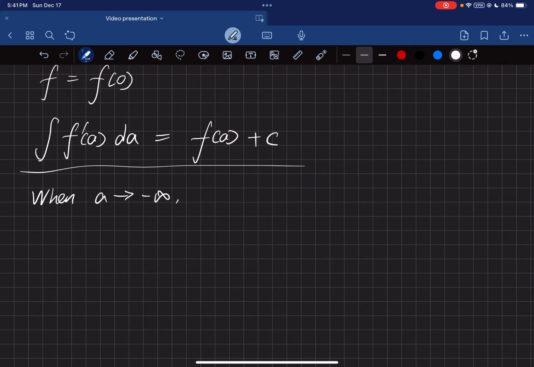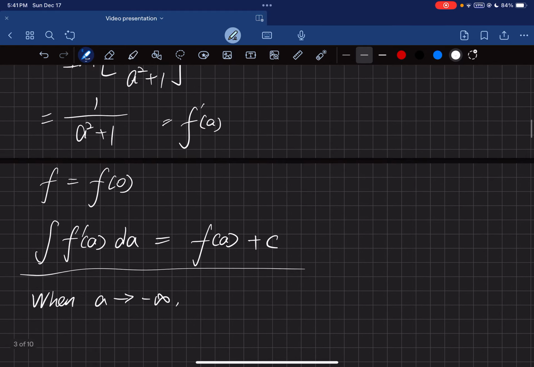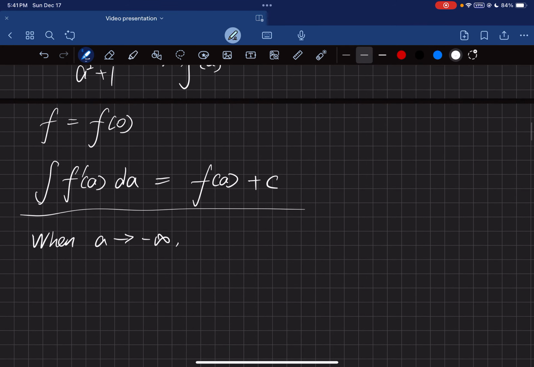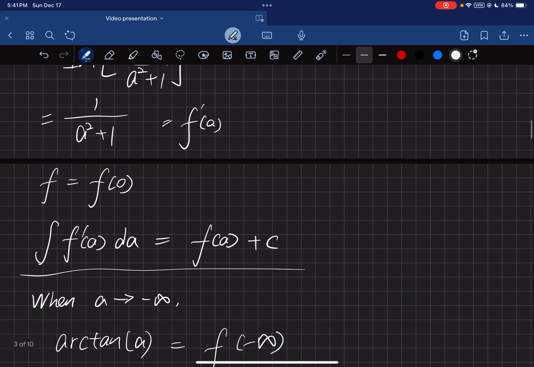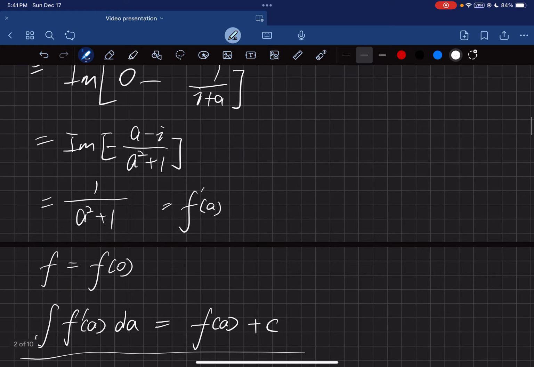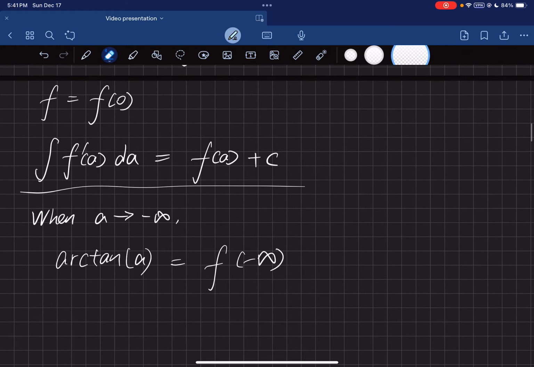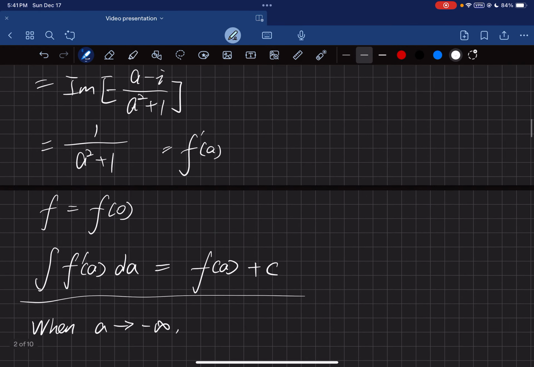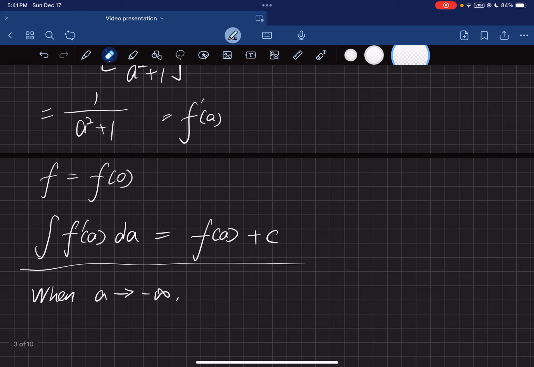We will easily find that the differentiation of this function is arctangent a equals f. This is negative infinity. Oh, this is the differentiation.